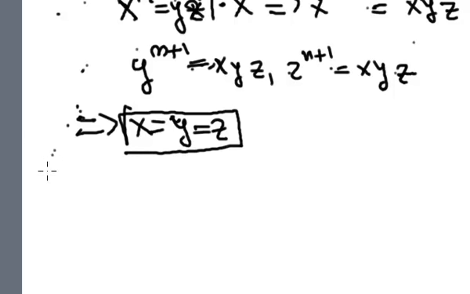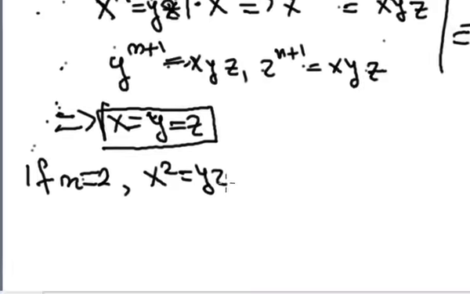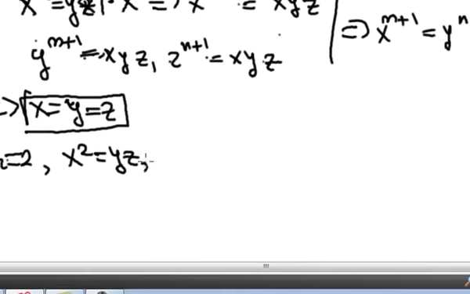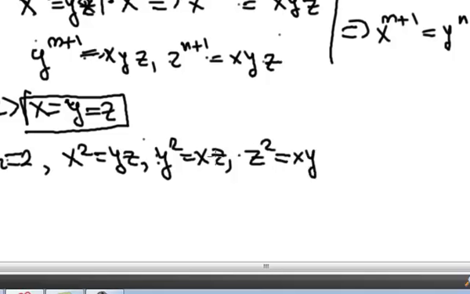Now, if n is 2, we have the relations as above. x squared is y times z, y squared is x times z, and z squared is x times y. And don't forget about the equality between x and y and z.